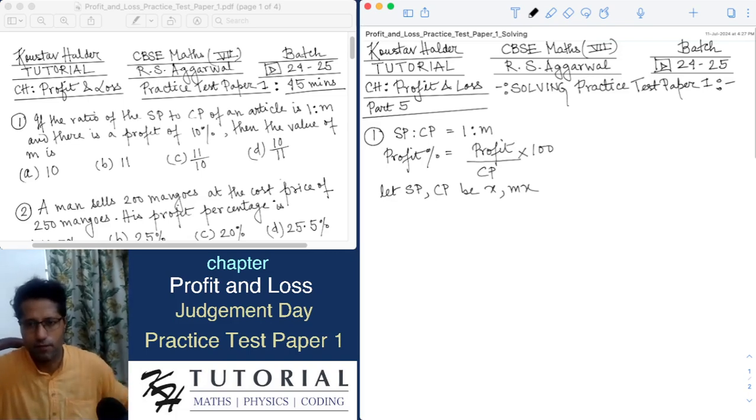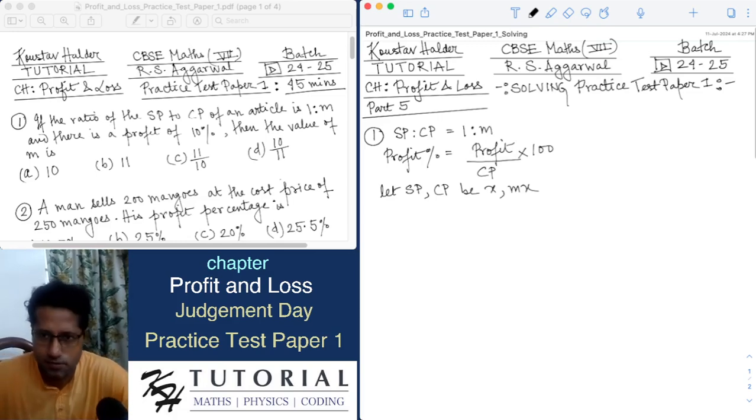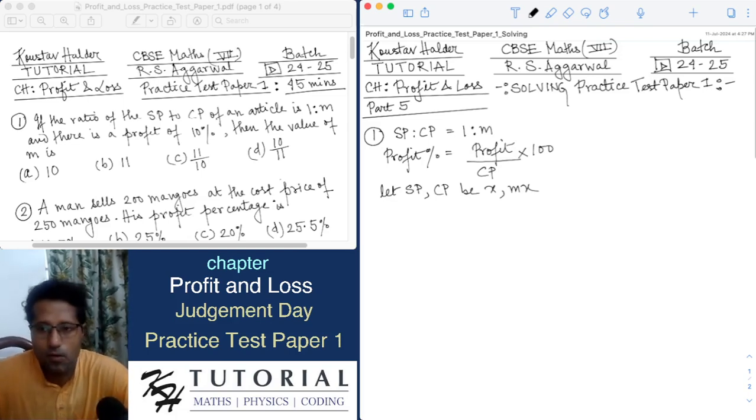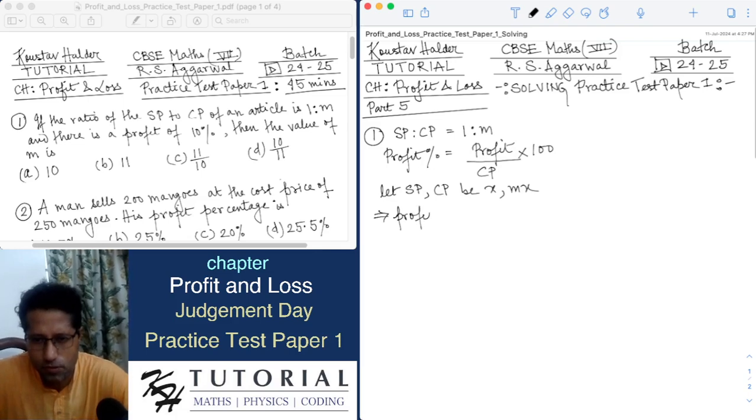When there is a ratio given, we can always assume the values to be some multiple of x, we multiply the terms with some unknown quantity x. So since the ratio of SP to CP is 1:m, we are assuming that SP and CP be x and mx.